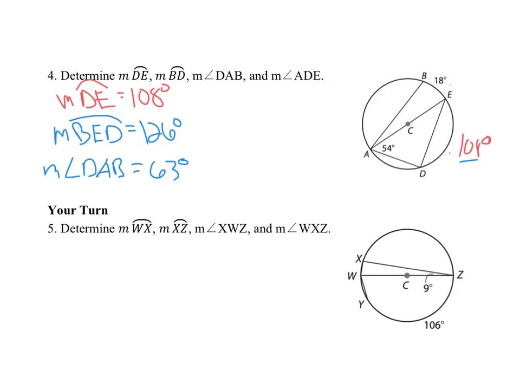And then last one is we want ADE, the angle. So ADE. Now this one, as we look at it, you're like, well, we know we have 18 over here, but we don't know that, and how do we figure all that out? One of the important things we need to remember is pay attention to the arc that we're covering here.